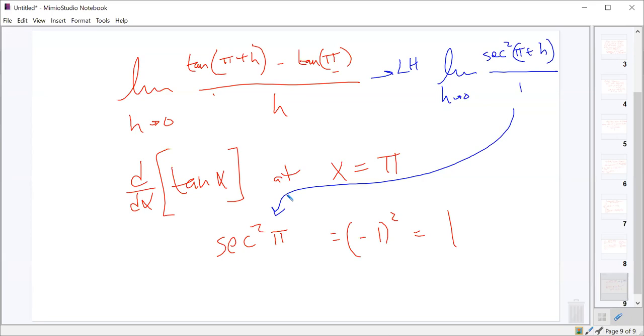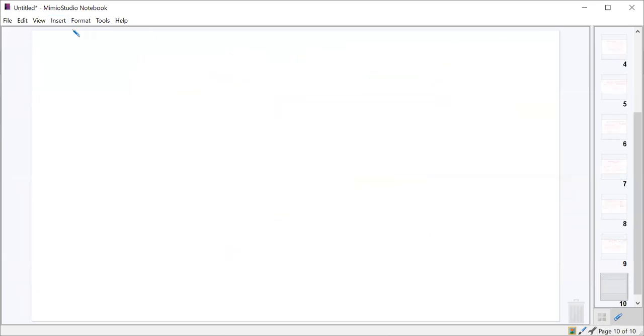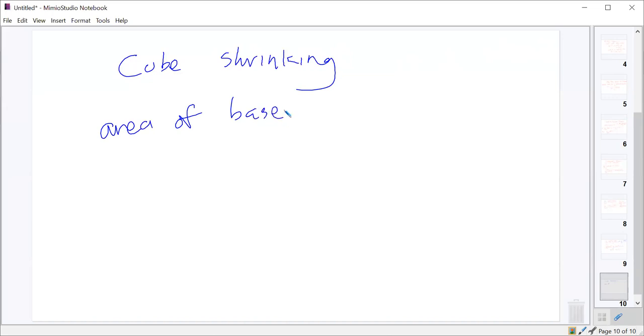Volume of what? Here, let's do this. Let's make up a problem. Let's say that we have a cube that is shrinking, and the area of the base went from something like 4 to 3.98.